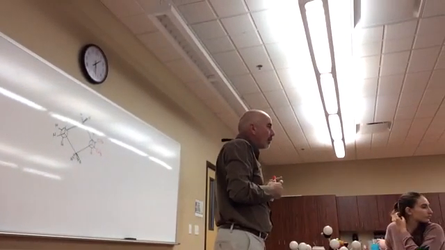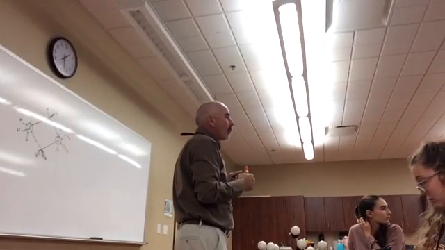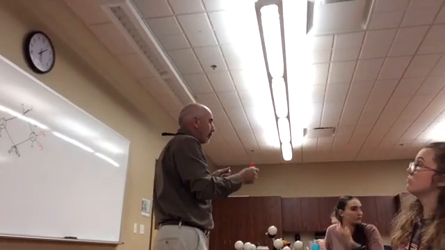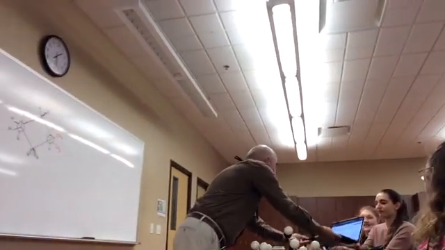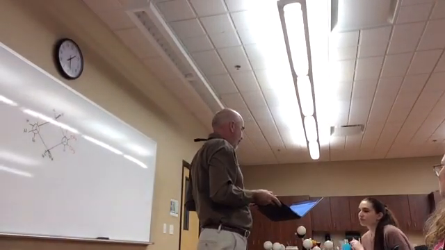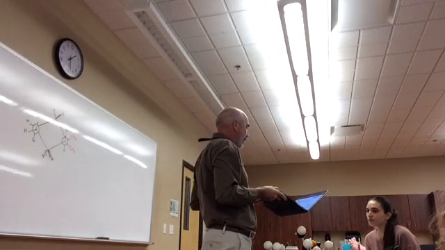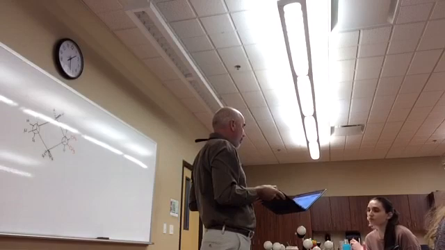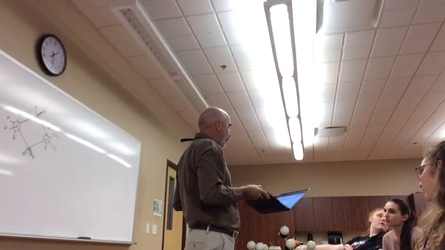Okay. Oh, this is technology at its best right here. All right. Given the cyclohexane framework, chair conformation, label each position as axial or equatorial. Okay, did that. On the same figure, label all positions that are gauche to each other to the Y group.